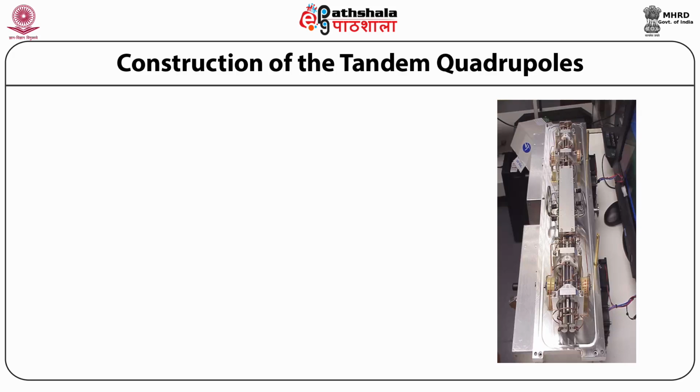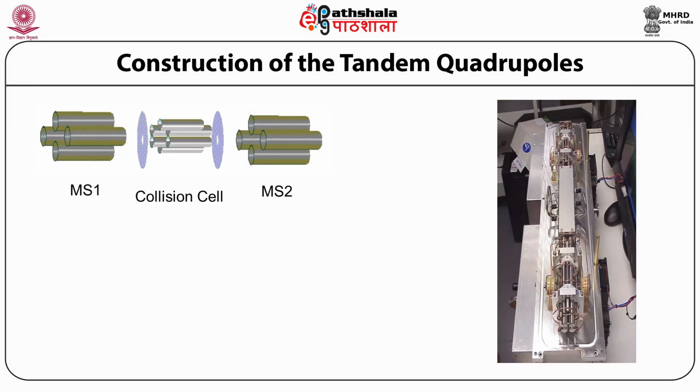As nitrogen gas or argon gas is fed in, it is kept in an enclosed box, the collision cell. Subsequently, there is another quadrupole called MS2. So MS1 is the first quadrupole, then the collision cell, then MS2 is the last one. Together they form a triple quadrupole tandem mass spectrometer.